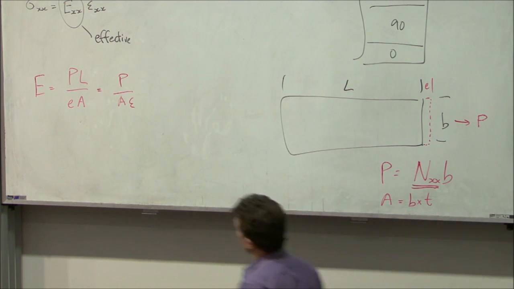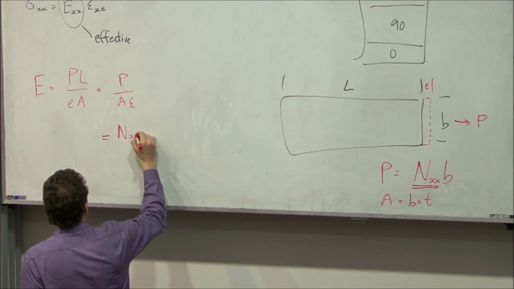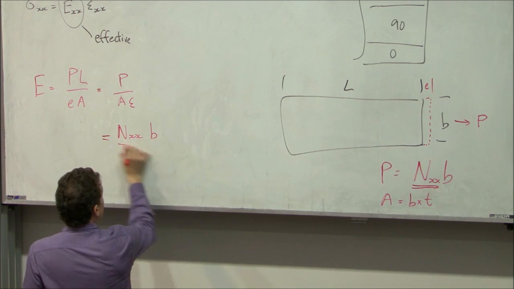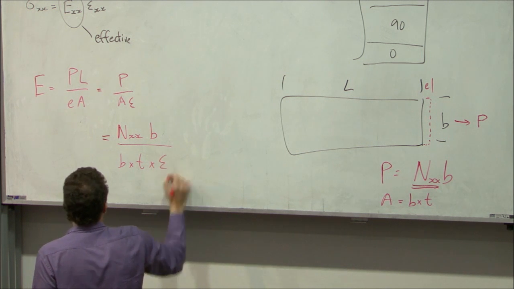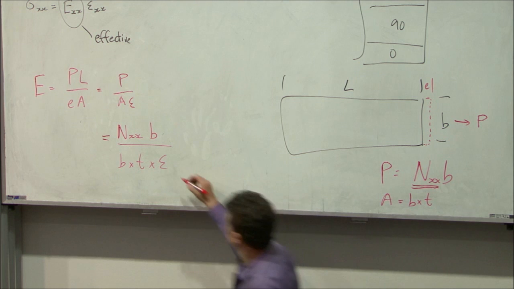So if we rearrange, if we substitute some things in here, we get Nxx B on B times T times strain, xx.